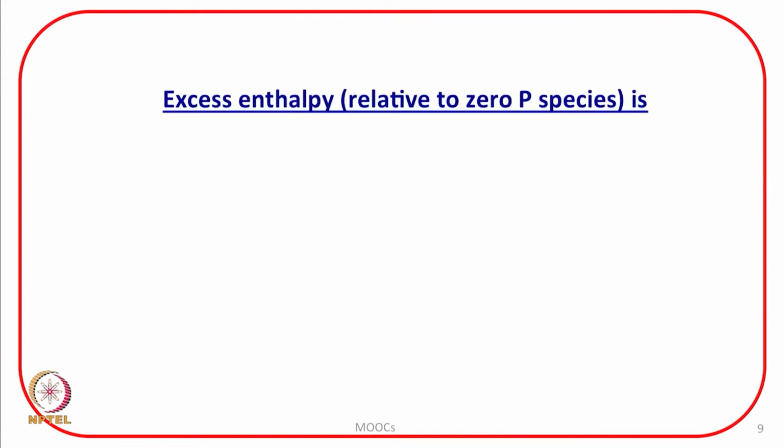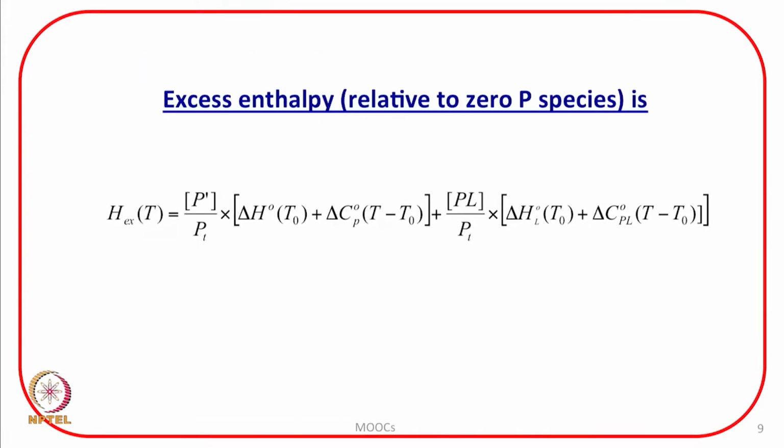So, when you talk about the excess enthalpy relative to P0, we just discussed some time ago how to express the enthalpy: fraction of the protein which is in the denatured form into the corresponding delta H plus fraction of the protein which is in the ligated form into the corresponding delta H. And we have discussed how to get PL and P prime in the previous equations.